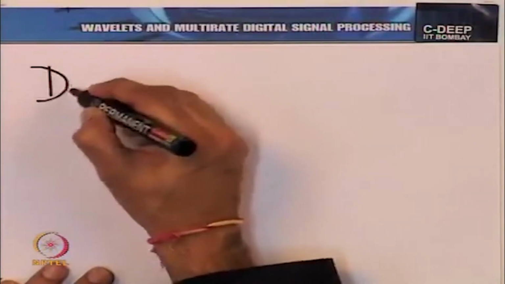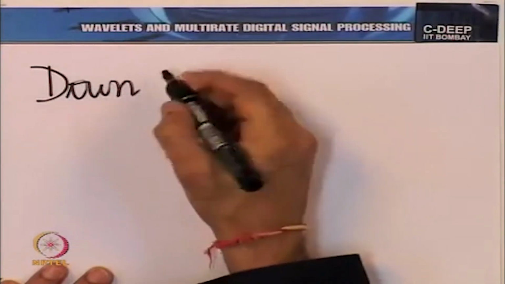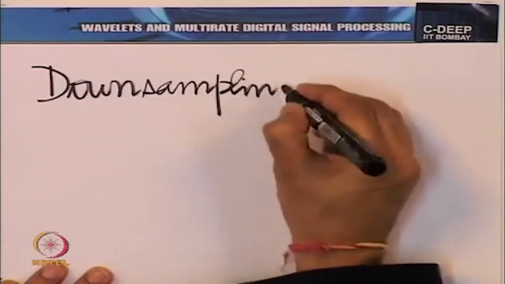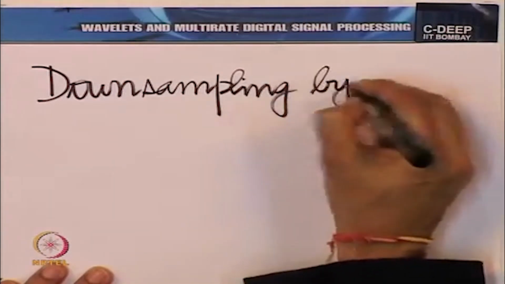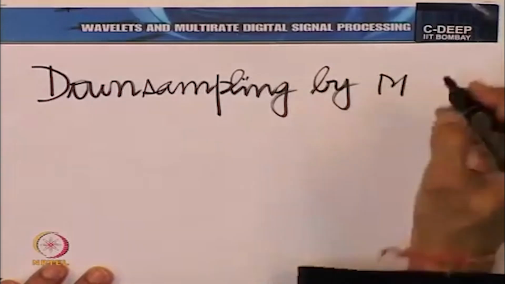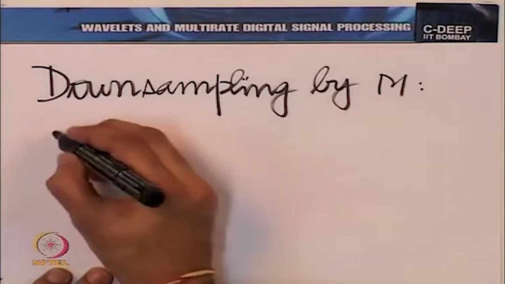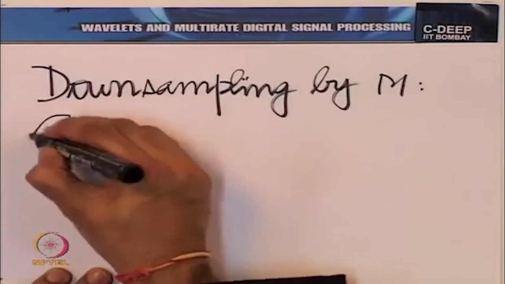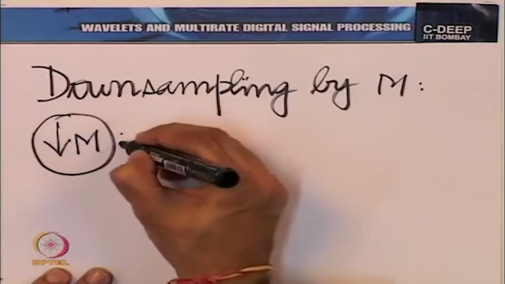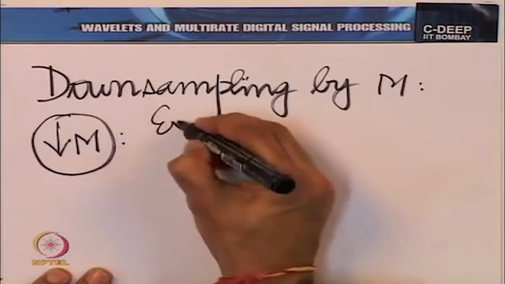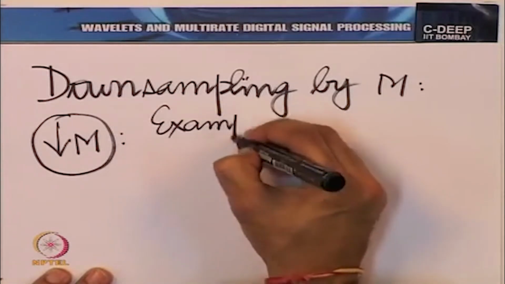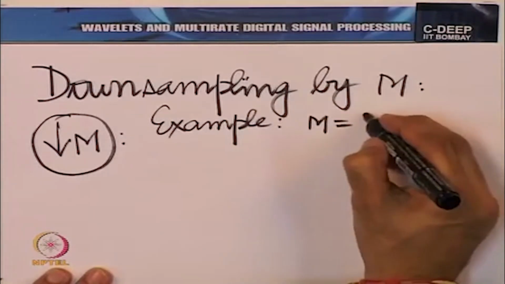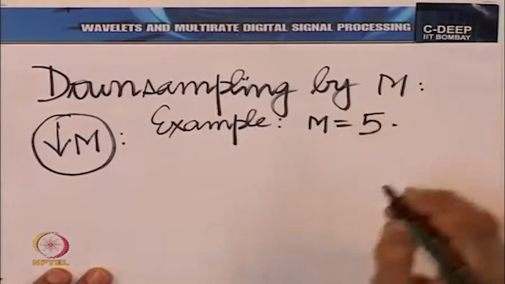Downsampling by m in general, which of course we denote by down arrow followed by m. So, let us again take an example for clarity. Suppose we take m equal to say 5, to bring in some variety.